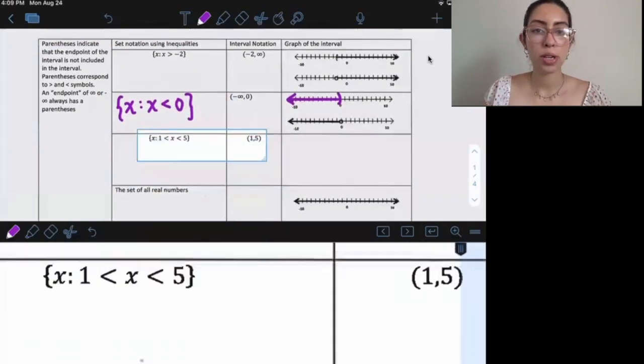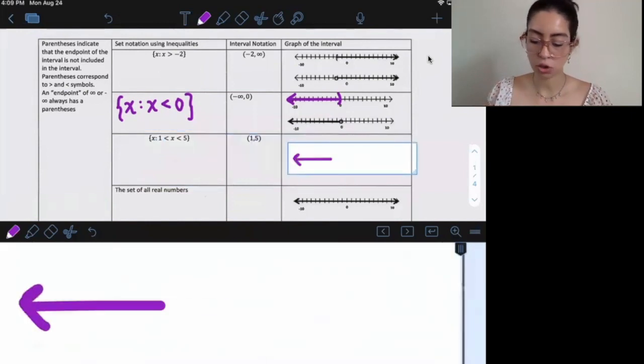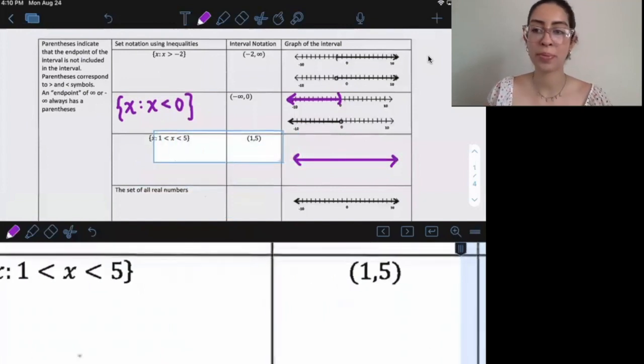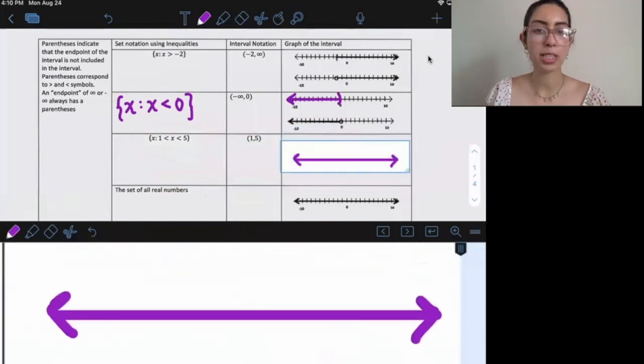For this next one, we have the set and interval notation. We want to draw the graph of it. So I'm going to go ahead and draw a number line. I prefer the circle method of graphing, but it really doesn't matter what you pick. We have the interval from 1 to 5, and this is an open interval, meaning 1 and 5 are endpoints, but they are not included. So let's say this is the middle, that's 0.